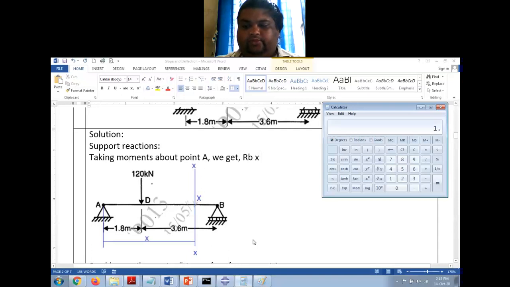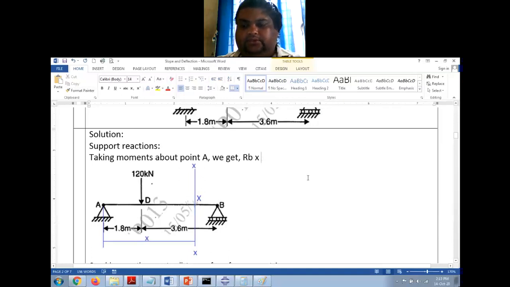How much is this? 1.8 plus 3.6, 5.4 meter. I don't know why he has given like this. So this is 5.4 RB minus 120 into perpendicular distance 1.8 meter, and that should be equal to 0 because this is the support. The bending moment at that point is 0.